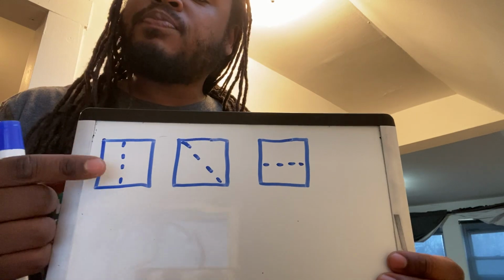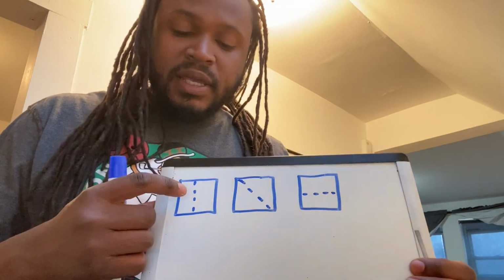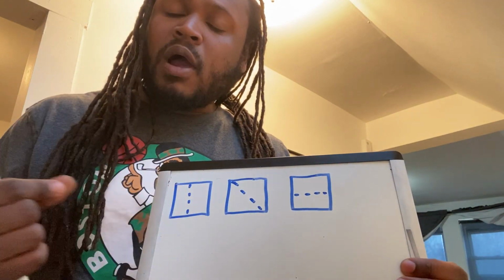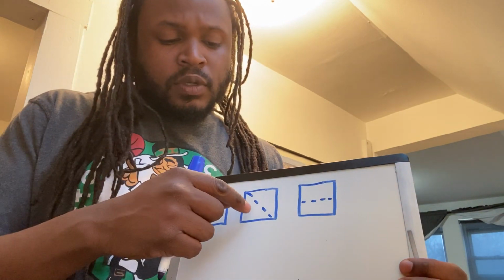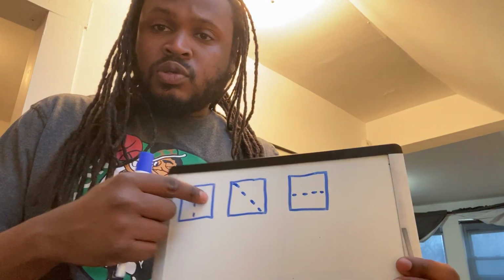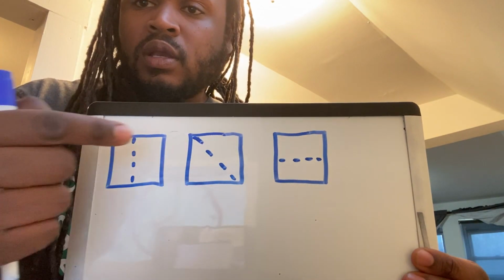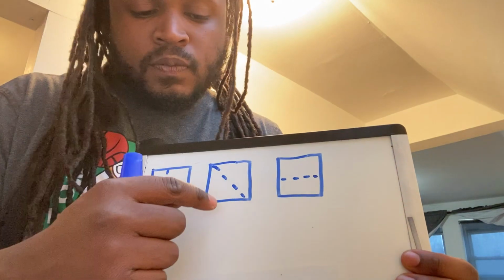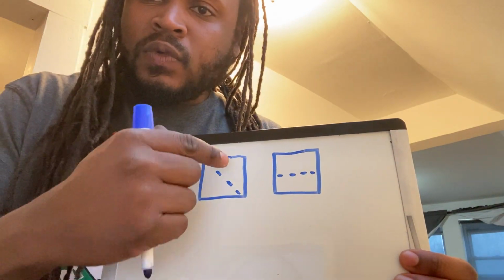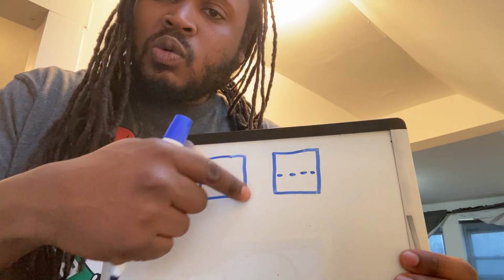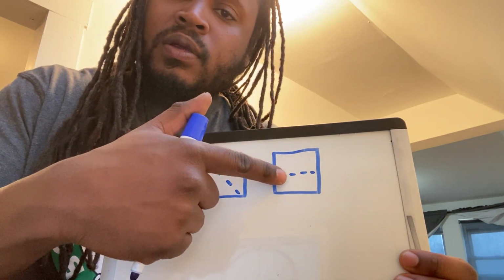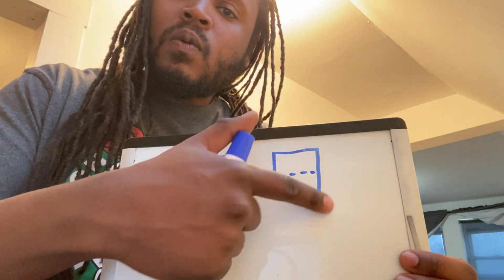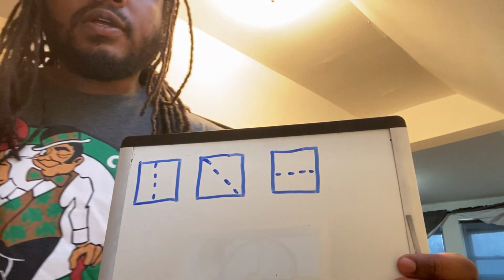So first of all, the first thing I notice is that each part is split into 2 parts, just like our last object. I see 1 part here, 2 parts here, 1 whole object.